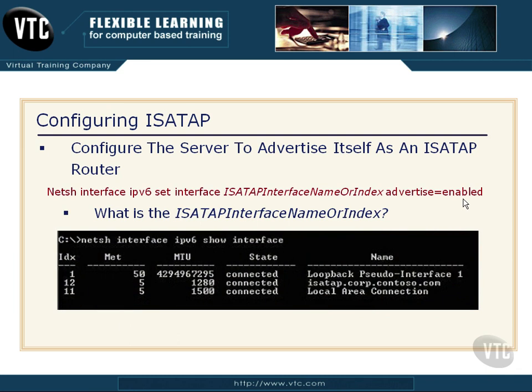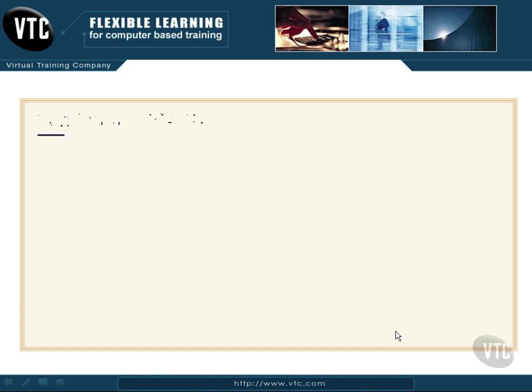Here's the way you find that out. At a command prompt, type netsh interface IPv6 show interface, and you will get this type of printout. When this data comes back, simply look at the index. Notice 12 is for the ISATAP interface, and so index 12 is what we're going to use. And so we would execute this command: set interface 12 advertise equal enabled.